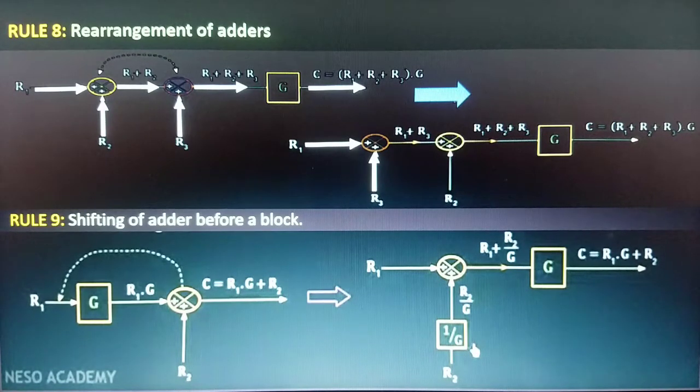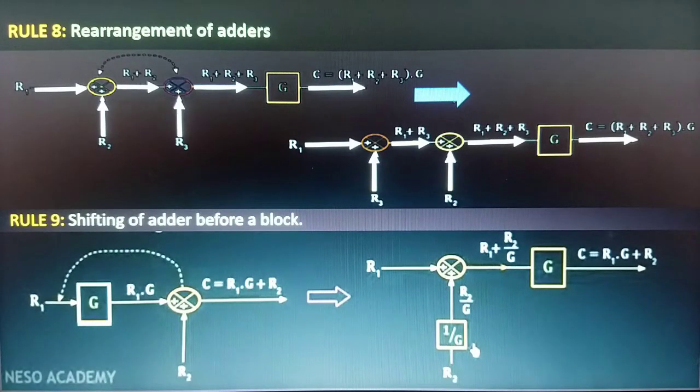So now the output of this adder will be R1 plus R3. Now the second input of the second adder is R2, and as we can see, the output of the second adder will now be R1 plus R2 plus R3. And again, the block has a gain of G, and the final output C is equal to R1 plus R2 plus R3 multiplied with G.